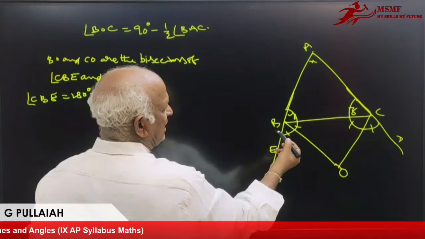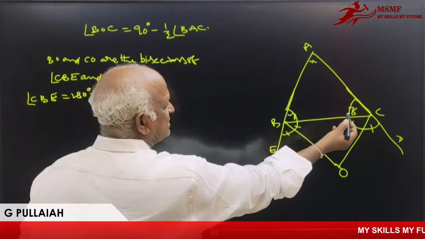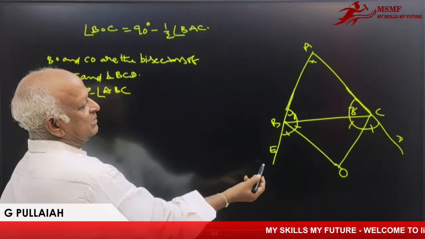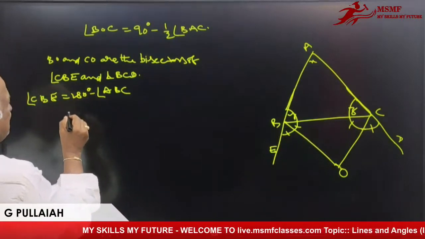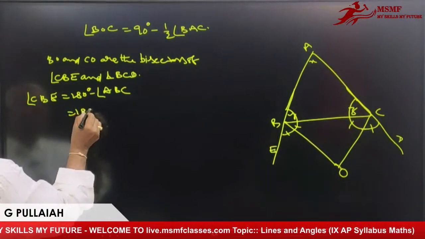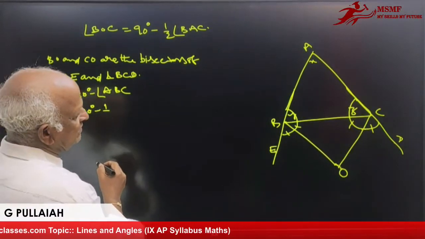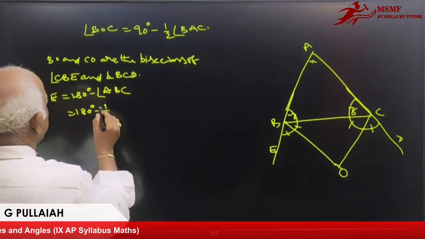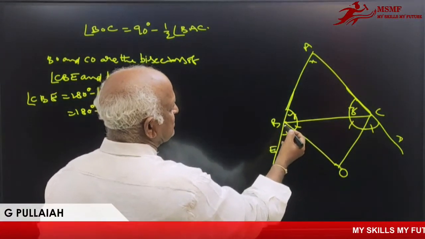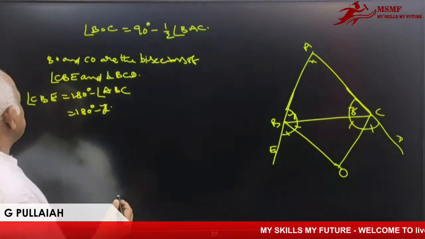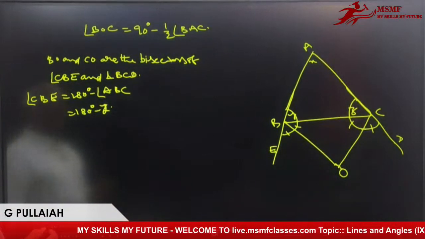CBE is the exterior angle and this is the totally straight angle. So CBE is nothing but 180 minus angle ABC, that is 180 degrees minus y. So here angle CBE is 180 minus y.